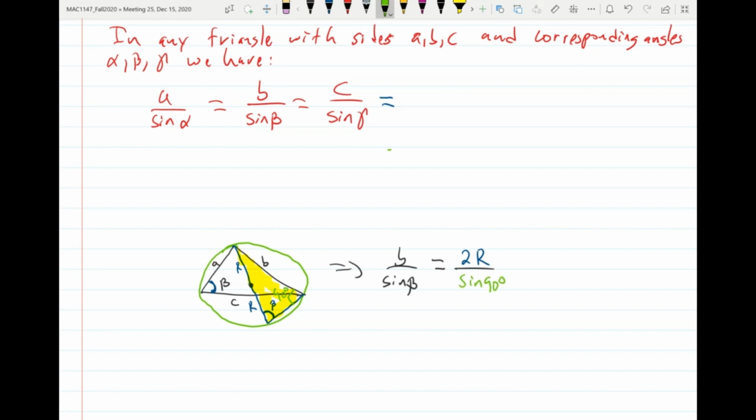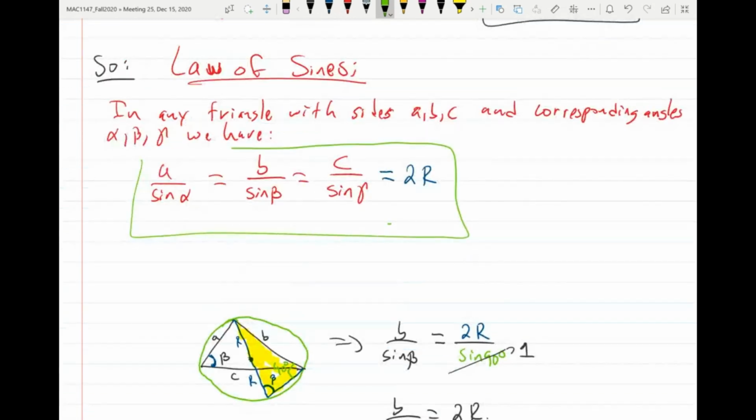But as you know, the sine of 90 degrees equals 1. So we get B over sine of beta equals 2 times R, where R is the radius of the circumscribed circle. So that's the hidden term that for some reason is not showing up in any book.